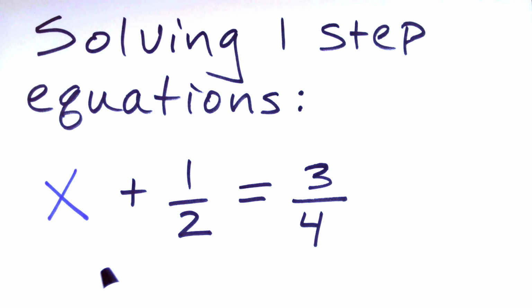Sometimes it's easy to guess and check and see. Sometimes it's a little more difficult and you have to perform what's called inverse operations or opposite operations, right? My goal is to get x all by itself. So I have to eliminate this 1/2 in the equation to get x all by itself.